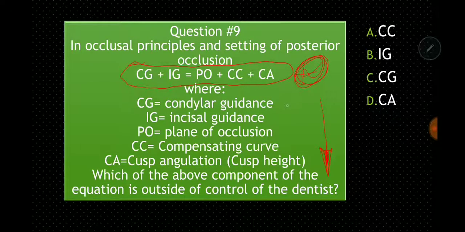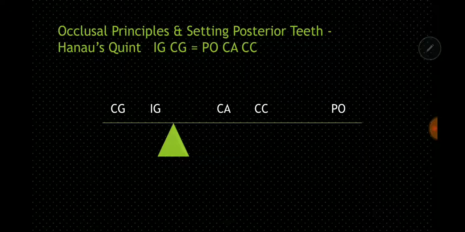Can you change condylar guidance? Can you change incisor guidance? Right? Can you change the plane of occlusion, or can you change the compensating curve or cuspal angulation? All right, so this one you cannot change. The dentist cannot change the condylar guidance. Okay, so our answer here is C. Condylar guidance cannot be changed, and you're supposed to understand that. Okay, so this principle, occlusal principles for setting of posterior teeth, is Hanau's Quint equation.